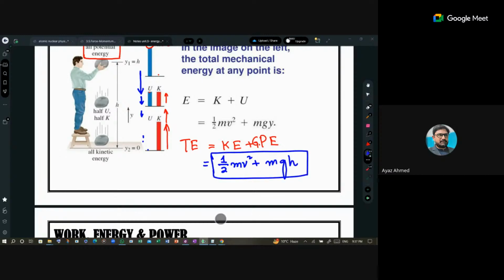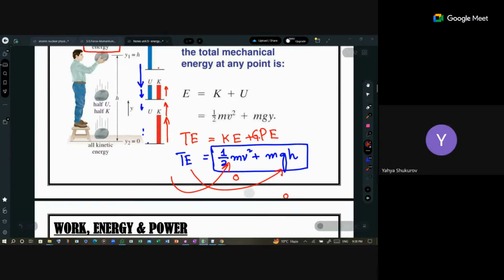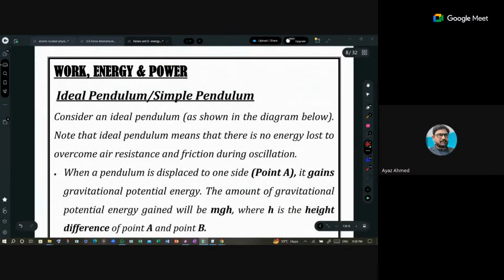Is this clear to you? So when kinetic would be zero, total energy will be equal to mgh. But when potential would be zero, total energy will be equal to kinetic energy, 1 by 2 mv square. Is this clear to you?